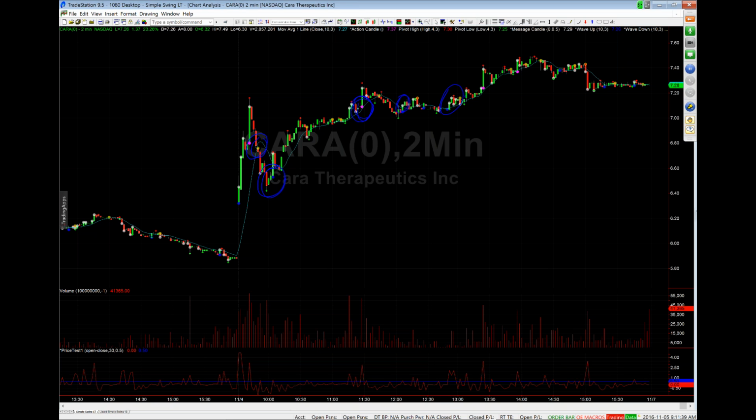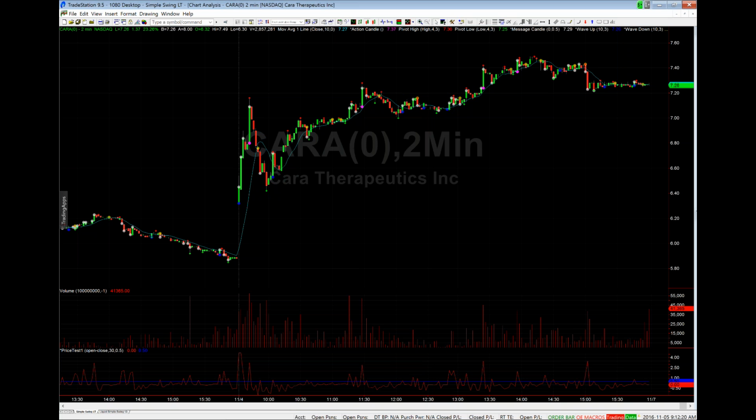Those are called message candles. Down to the bottom, we've got this line there called a price test indicator. It looks for abnormality in price action. And so all of these indicators help me identify opportunities. And I've been developing these over the last 15, 16 years, use them every day. They're very valuable for me to find things before they move.